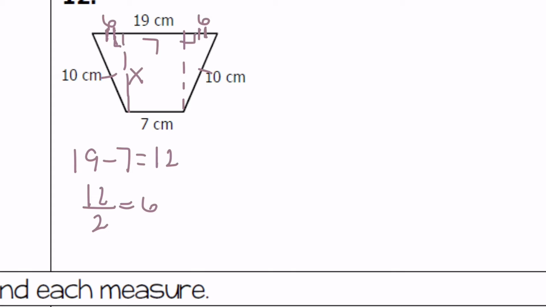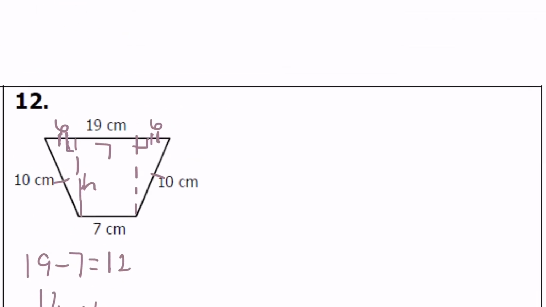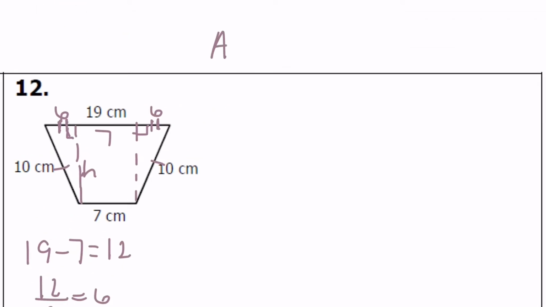Once you find that height, all you have to do is plug that into your formula for the area of a trapezoid, which remember is 1/2 height times base 1 plus base 2.